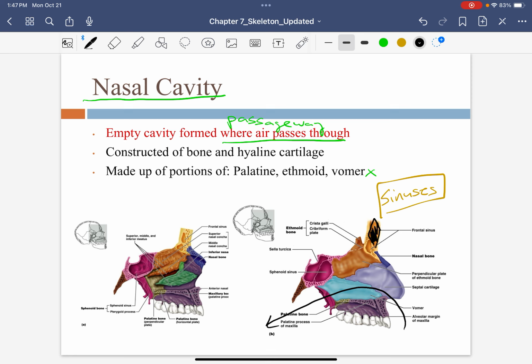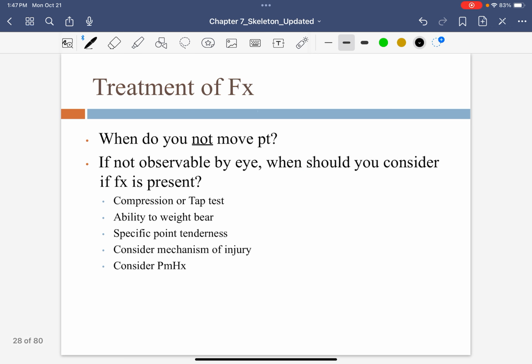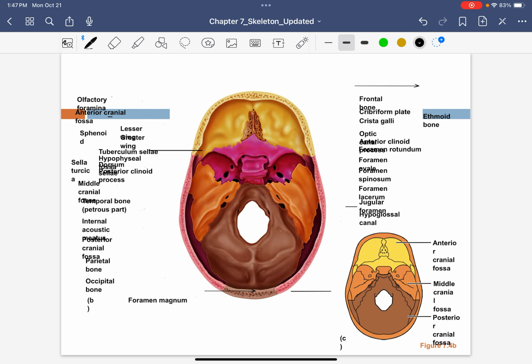So right here, part of the frontal bone is hollow. That would be the frontal sinus. You can see it here. See here how a part of the bone is hollow? That is a sinus.